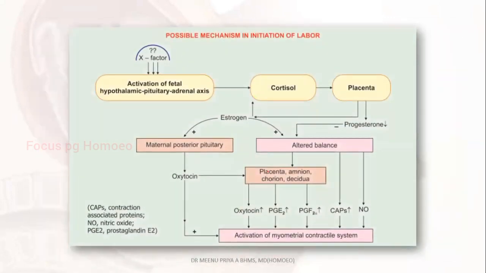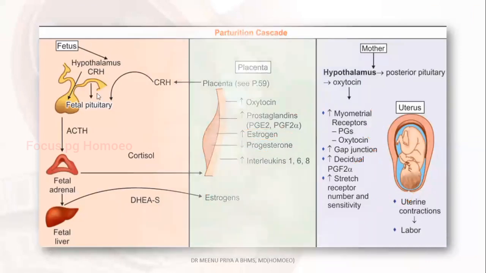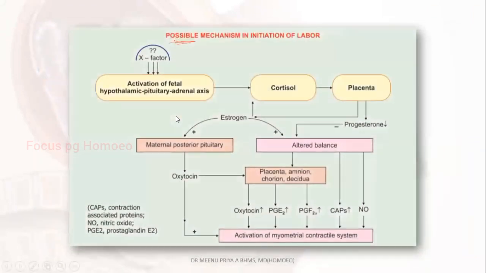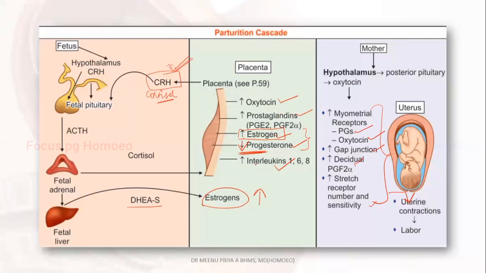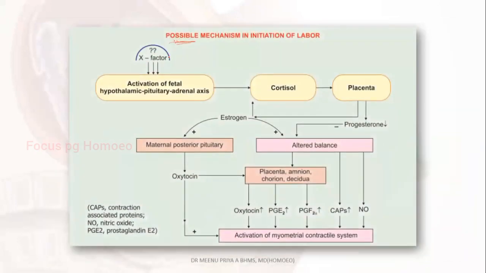Next, the possible mechanism. This is not the established mechanism, it is just a probable mechanism in initiation of labor. In the previous slide we saw the fetal hypothalamus and pituitary coming into the picture. Why this is happening is not known. So it could be an X factor, and it is a query.